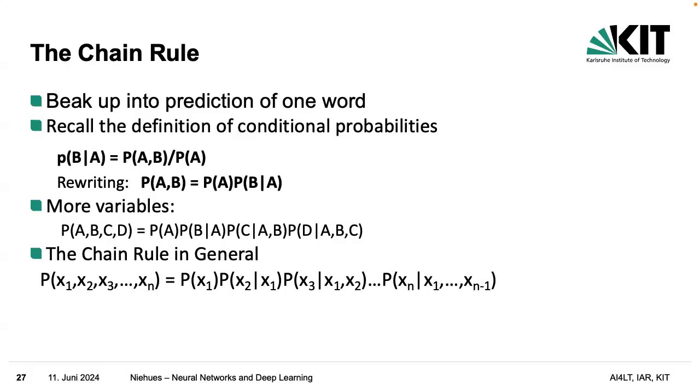So this way we can do the language modeling probability by breaking it up into individual decisions. The whole decision of what is a good sentence, you break up into the steps of creating the sentence: first creating the first word, then creating the second word, and so on.